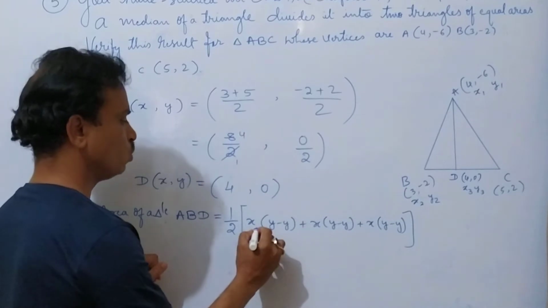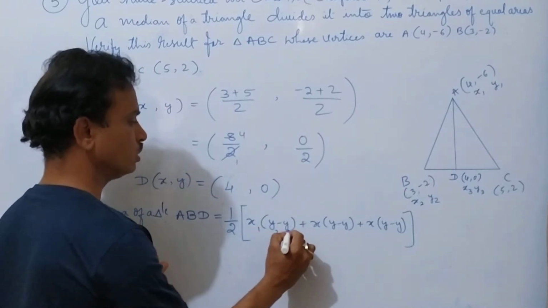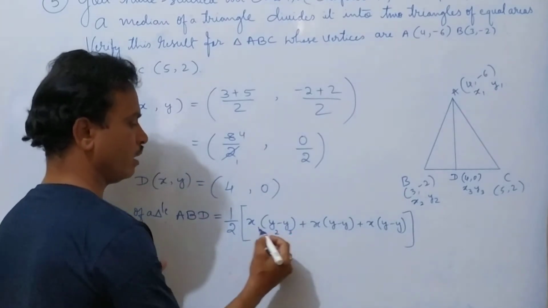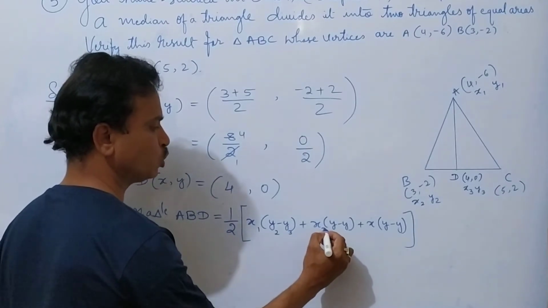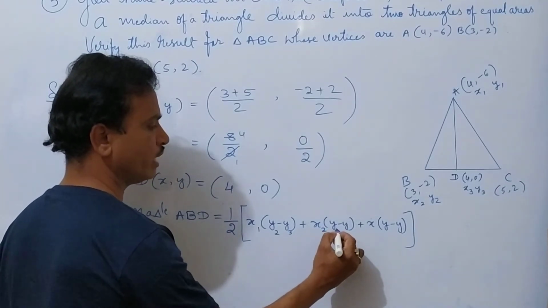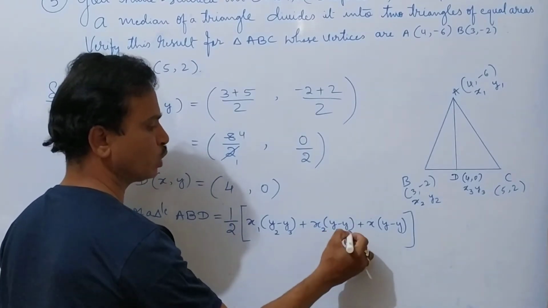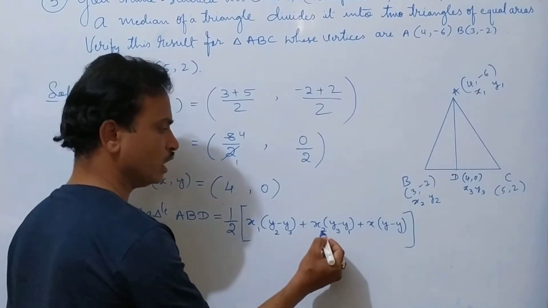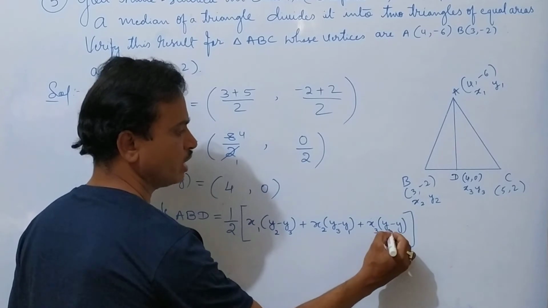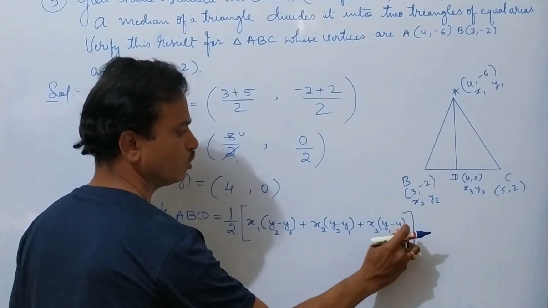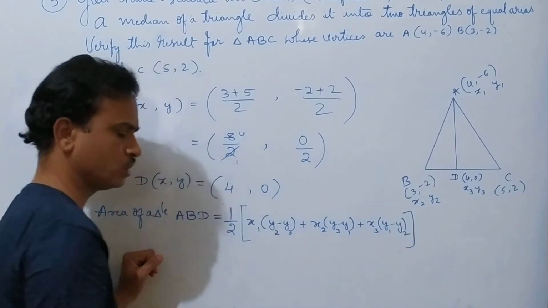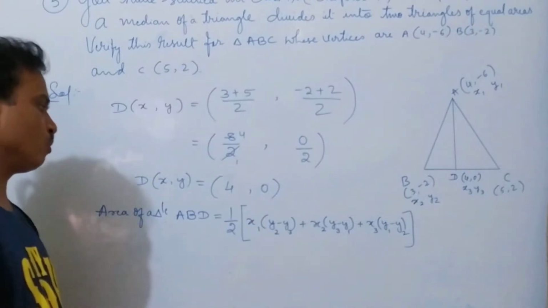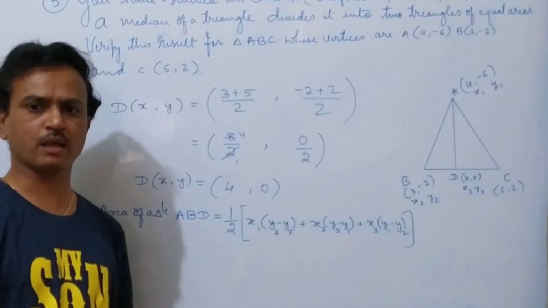Next, 1, 2, 3. After 1 we take 2, after 2 we get 3, then again you come back to 1. Then 2, then 3, after 3, 1, then you come to point 2. Now this is the formula to find the area of a triangle.